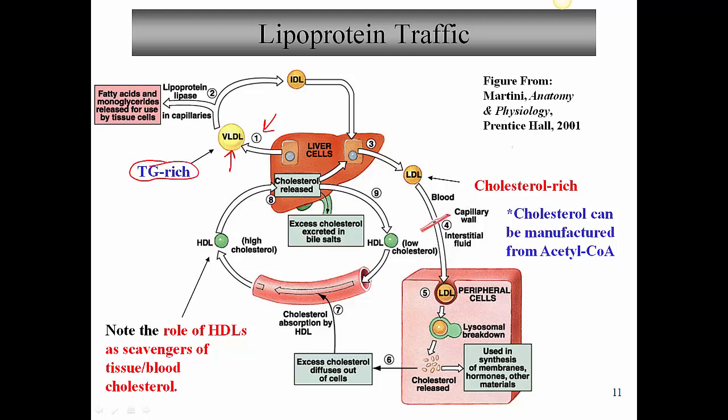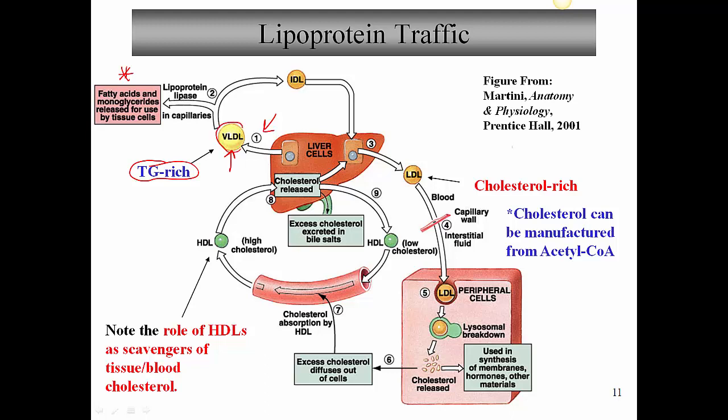And in fact, these are triglyceride-rich molecules. Triglycerides are very important for the body, and especially fatty acids, for use by cells. So the liver makes very low density lipoproteins. These triglycerides that are being transported are broken down in the capillaries near the tissues, and they'll liberate fatty acids and monoglycerides for use by tissue cells.